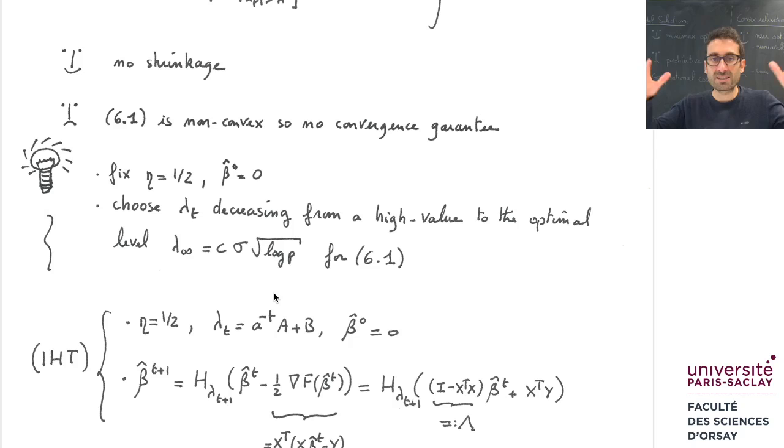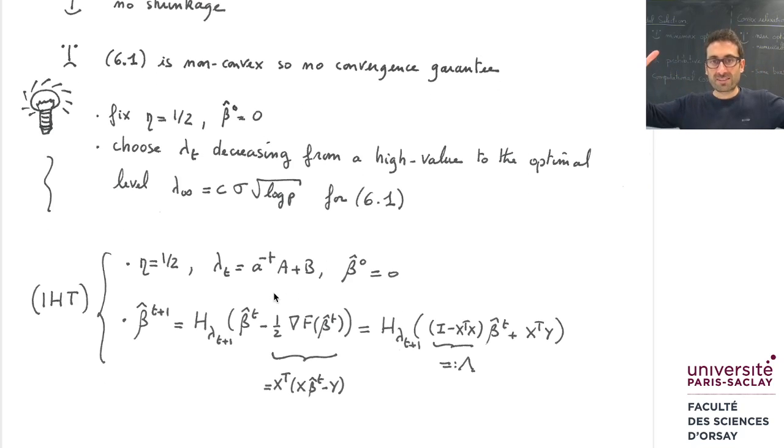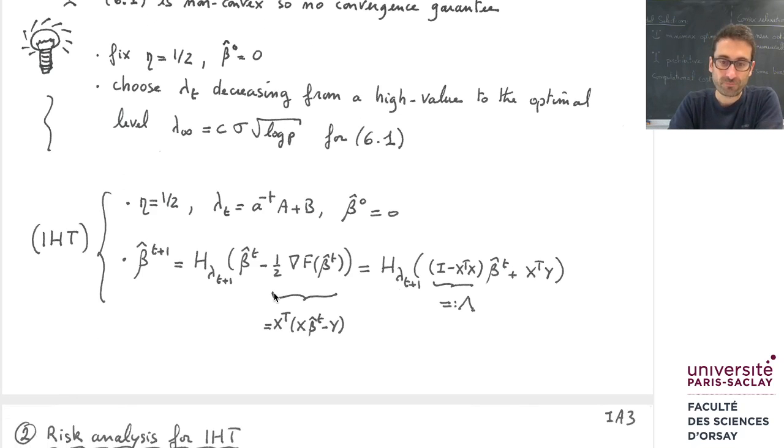So the idea is to try to keep under control the sparsity of the solution by taking a very large value of lambda and decreasing to the target value. So this is an algorithm. It makes sense. Does it work? Can we say something about this algorithm?